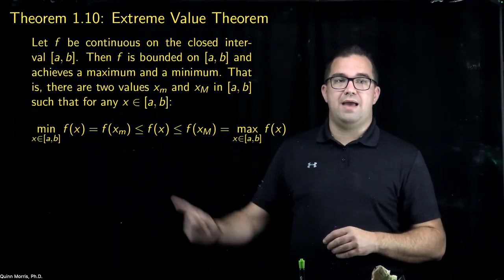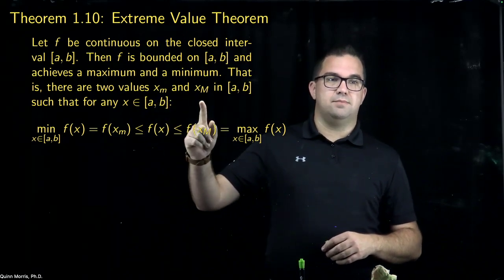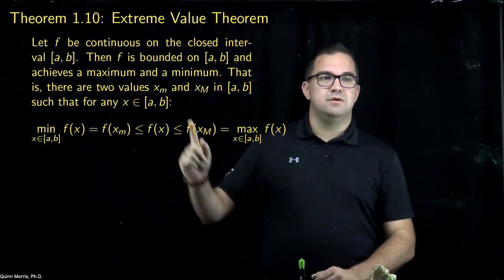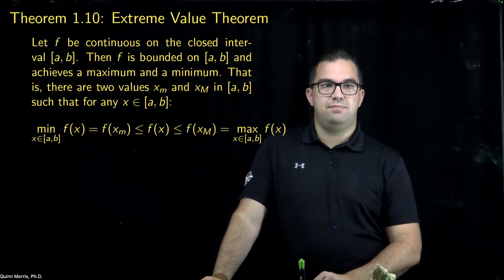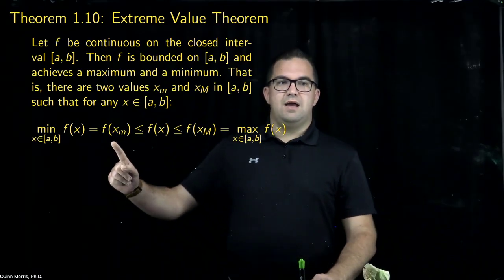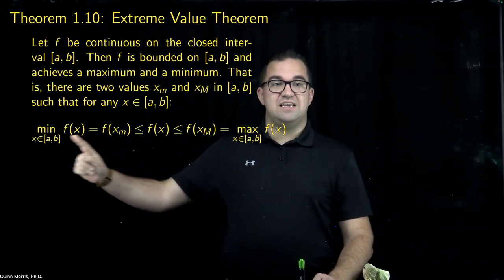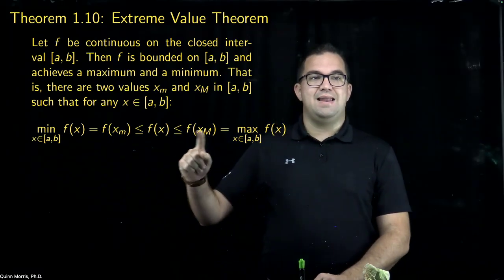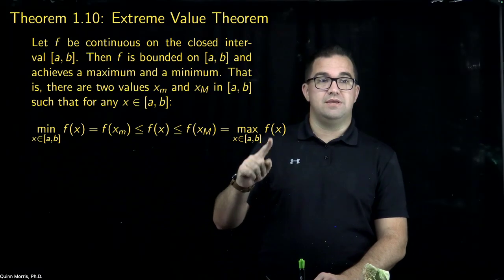The book writes them as x sub little m and x sub capital M. I'm going to call them x min and x max. So there exist two x values, x min and x max, in your interval [a, b], such that at x min your function achieves the minimum value on the interval, and at x max your function achieves the maximum value on the interval.